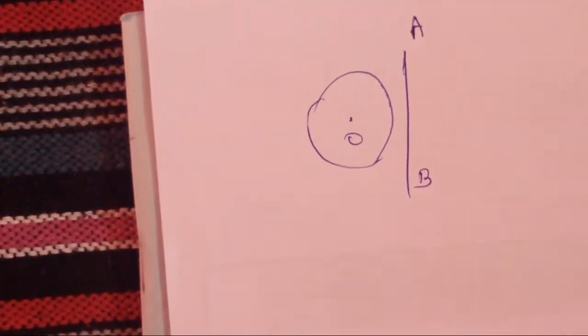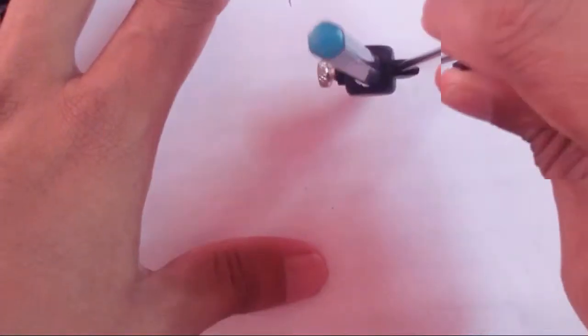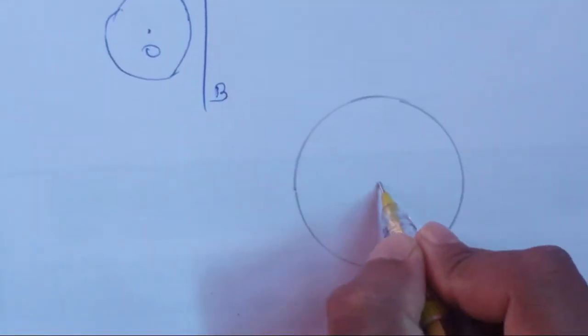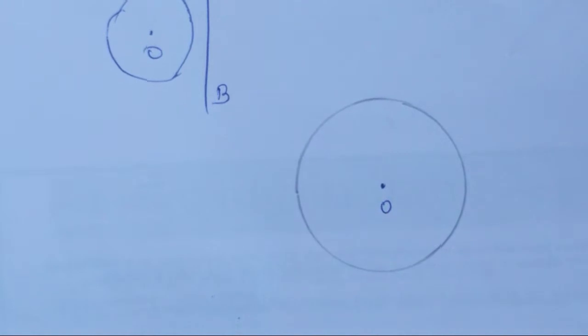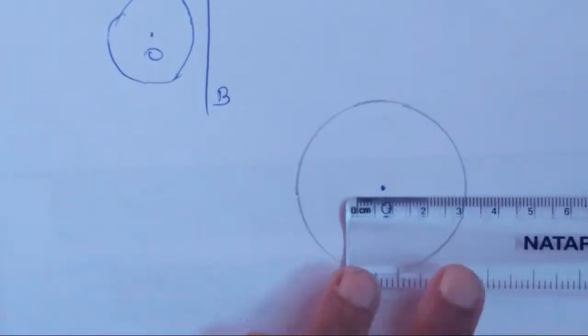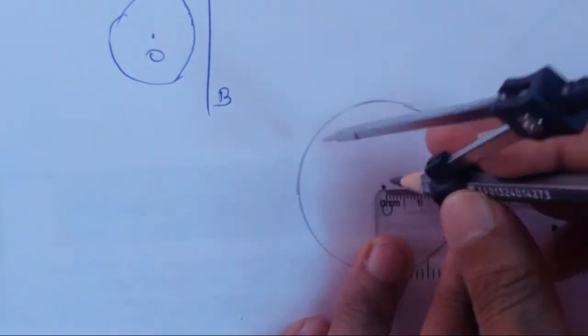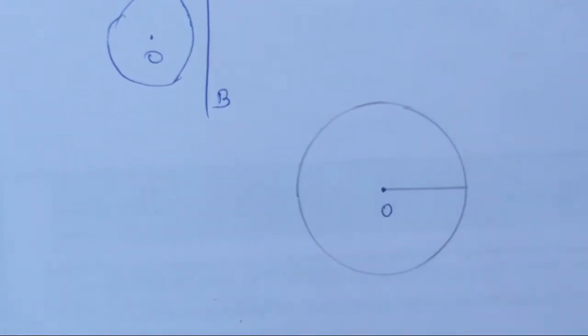Okay. Then we know about circle. So with the help of a compass, if we draw a circle, then we are calling the center point as the center of the circle, and the distance between the center and any one point on the circle, we are calling that as radius.